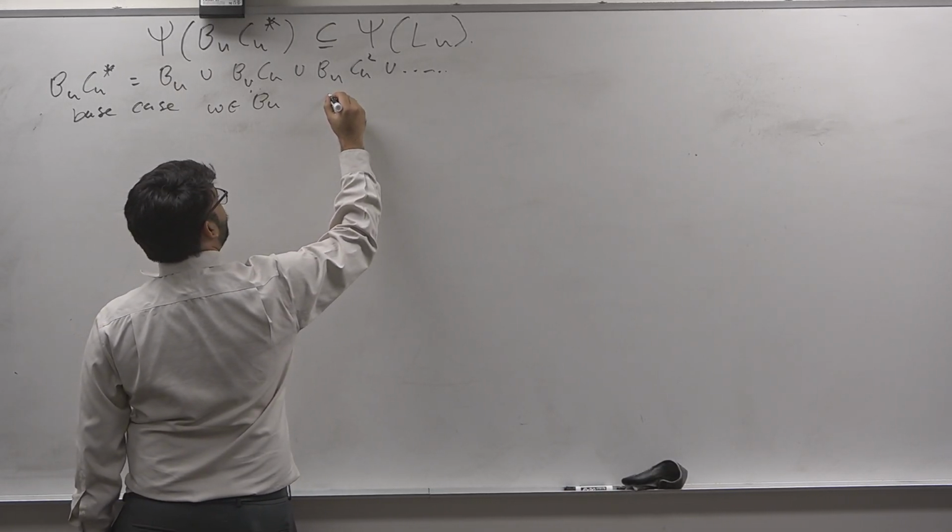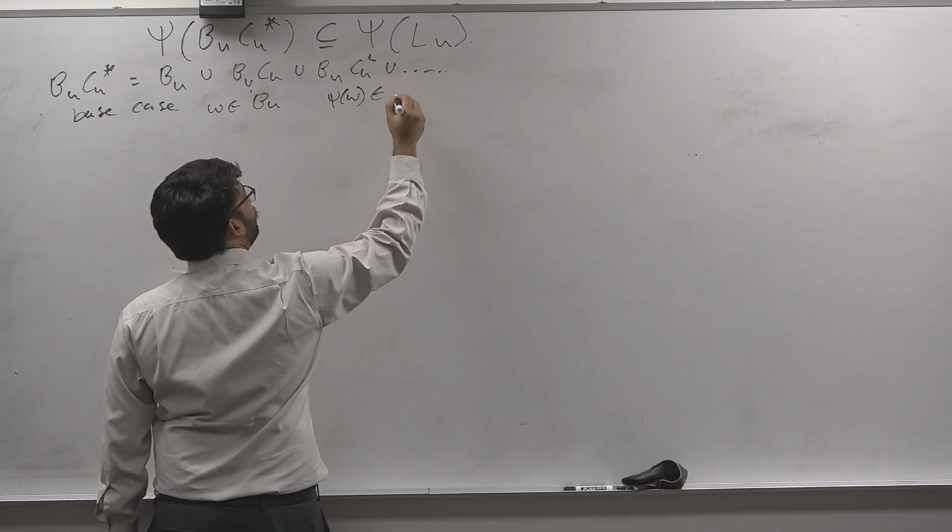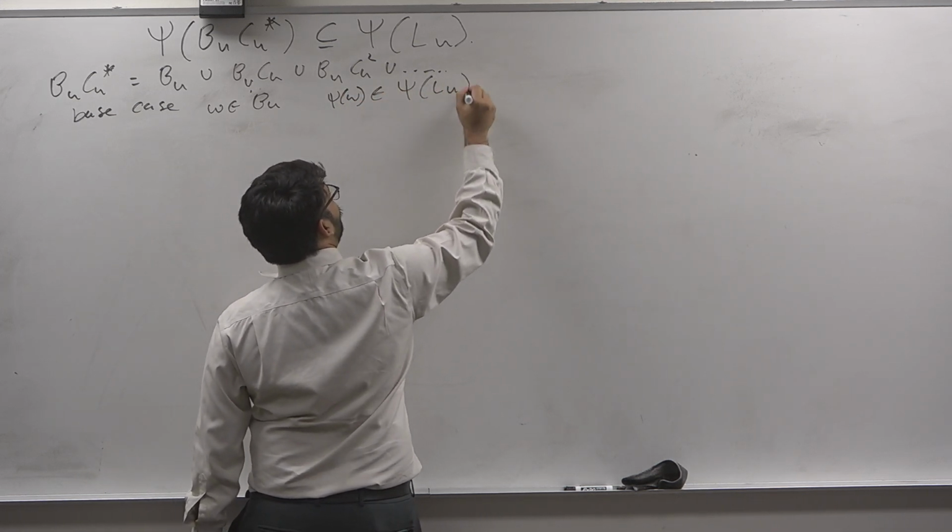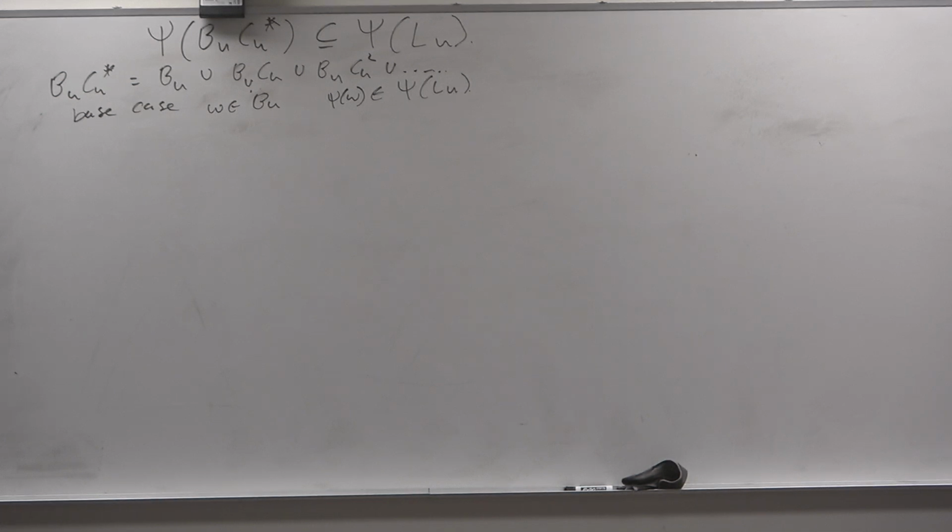Why is it the case that the frequency of W is in the frequency of LU? It's defined such that CU is never zero, so if CU is zero, if there's nothing in it, then BU is, by definition, smaller than.